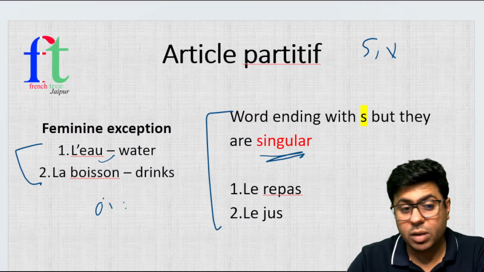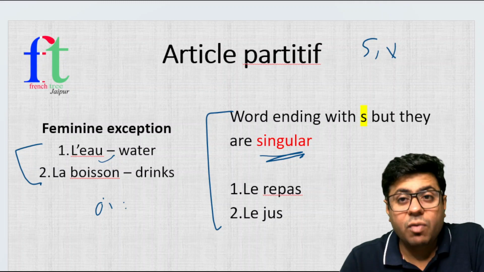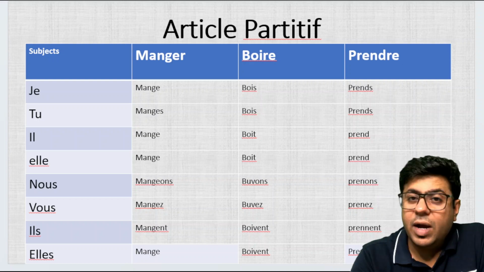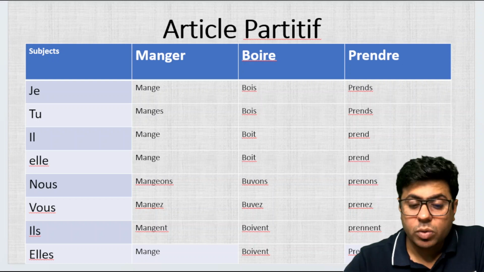So now we are going to start how we use the partitive article and how we implement this rule. What is the rule even? Before going to the rules, let's have verbs that describe our activity of eating, drinking and taking something. First we take the verb manger.